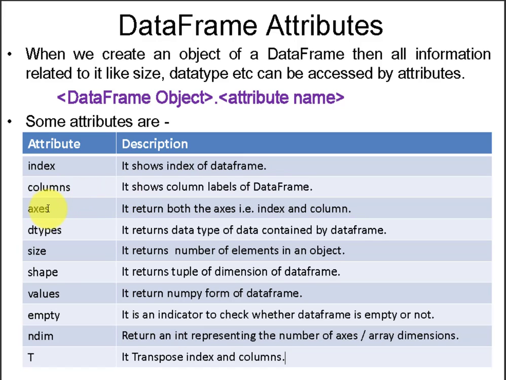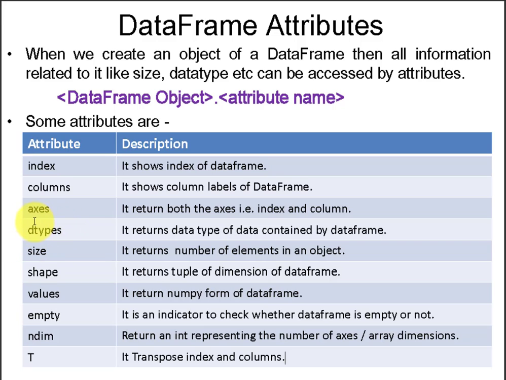The next attribute is axes. The role of the axes attribute is to return both the axes, like index and columns. So it returns the index and columns of your data frame. Next, dtypes. dtypes means data types.